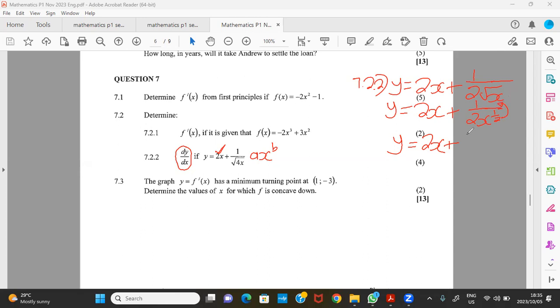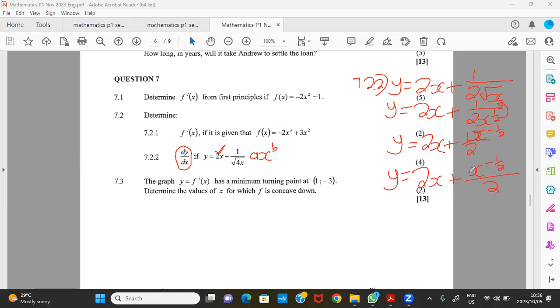So I'm going to have 1 over 2, but then I'm taking this guy back here, so it's going to be x to the power of minus half. So sharp, this should not confuse you. Now I can say 2x plus, let me go through all the steps, x to the power of minus half over 2.